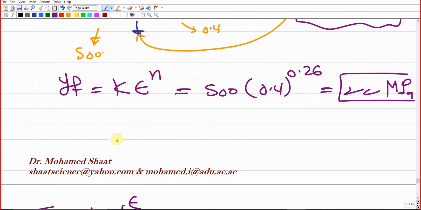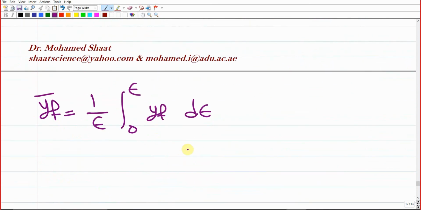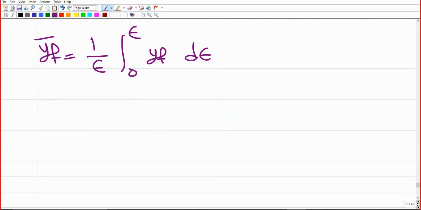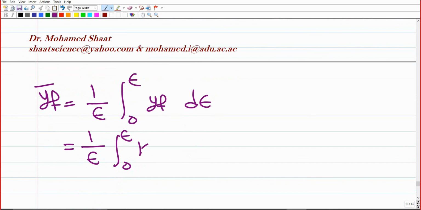Why are we using this formula? Because this is not the simple power law. We are changing the formula, so we have to use the integral form for the average flow stress. This gives us 1 over epsilon, the integration from 0 to epsilon of K times epsilon 0 plus epsilon, power to N, d epsilon.